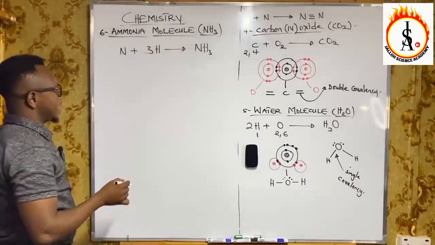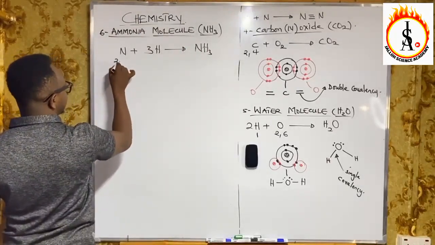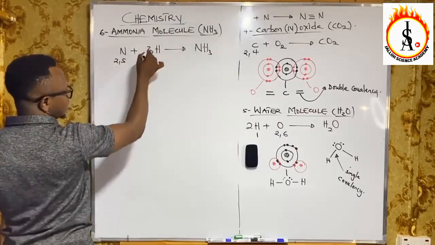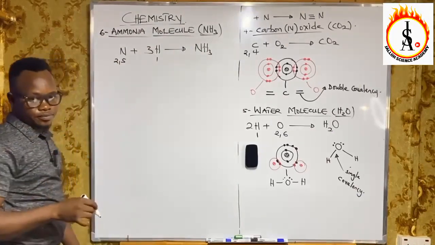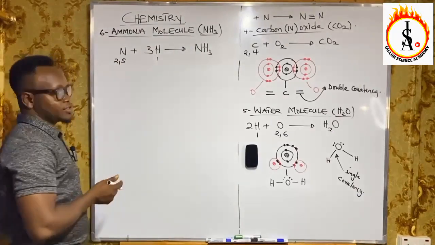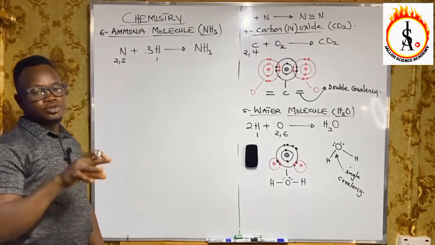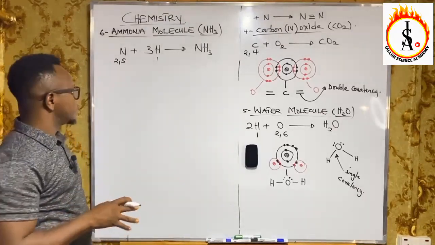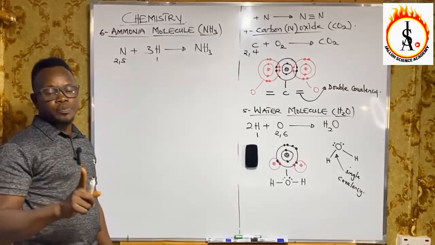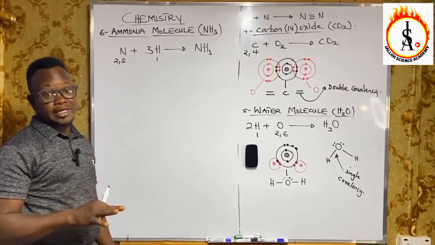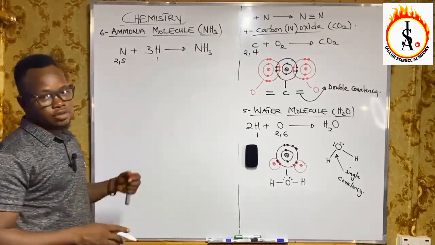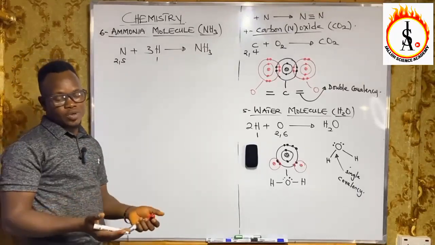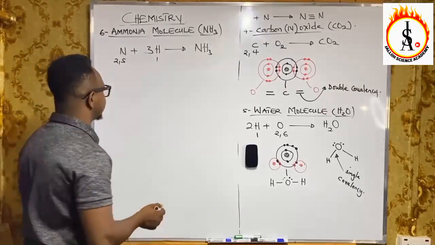So the nitrogen here has configuration 2,5 and hydrogen 1. So this tells us that nitrogen is going to be the central atom. It has a lone pair and 3 unpaired electrons. And of course, hydrogen has just 1 electron in its shell.